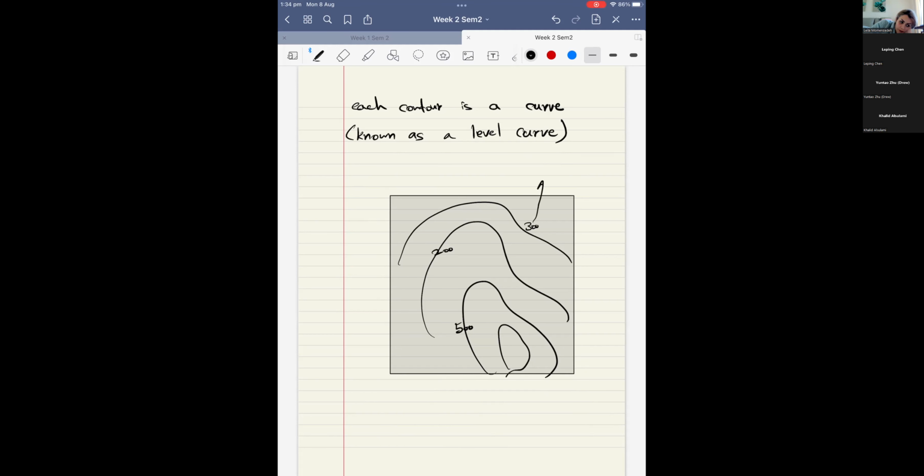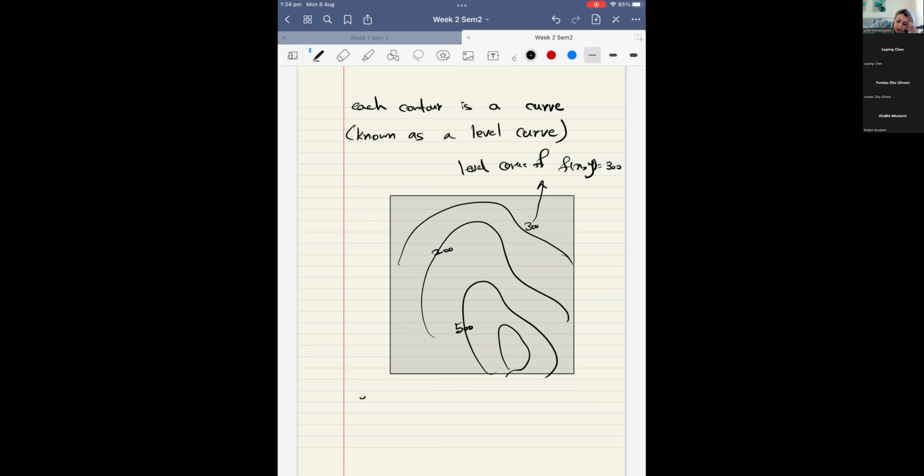It is the level curve. Level curve of f of x and y is 300. It means, for example, you have a mountain. If you look at it from the top, you see just this line, but the height of this line is 300.